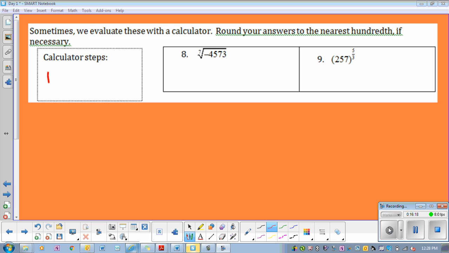So put in your root, and then you go to math, and you choose the one with the little x in front of your radical. I think that's number 5. And then you just put in the things that are inside your radical. So let's try this together.